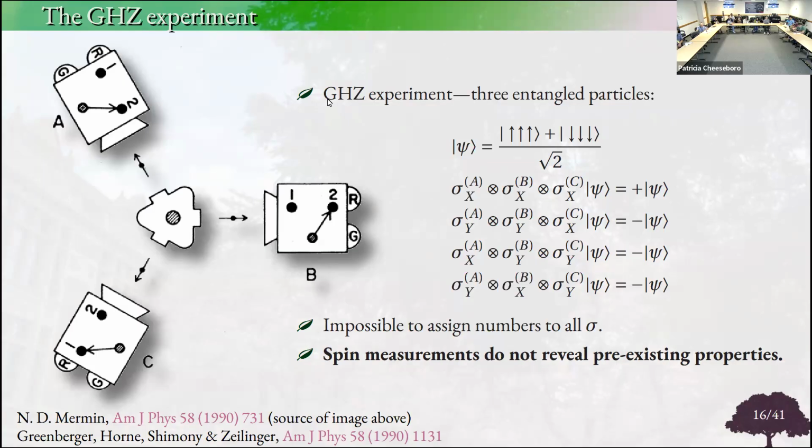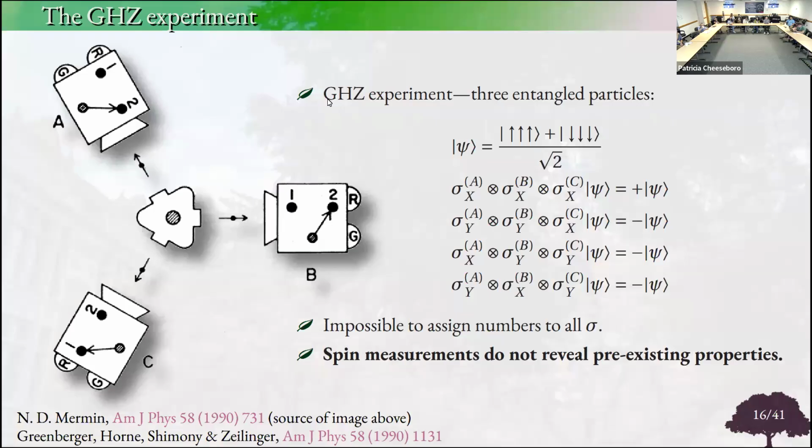These are well-defined operators. Suppose you assume that the system has pre-existing values for each of these sigma x's and sigma y's before measurement, so each one of these is +1 or -1 before the measurement, and you assume that's true for all possible combinations, and that it doesn't depend on how you set your detectors, which are just going to register something that's there already. Well, each of these can be +1 or -1, and you might notice that the sigma x for each particle and the sigma y for each particle appears twice.